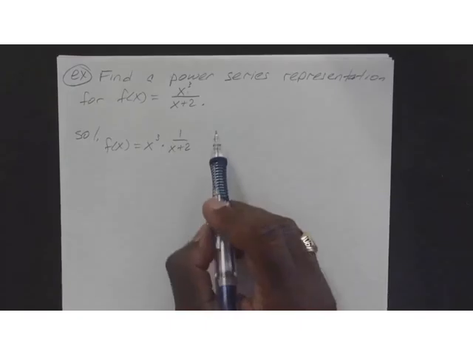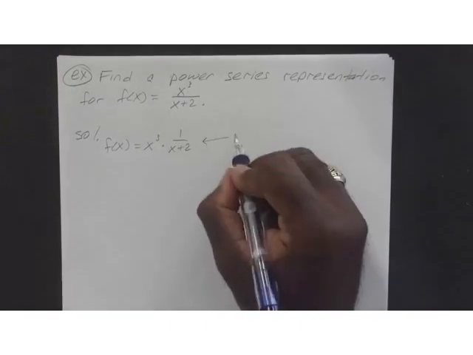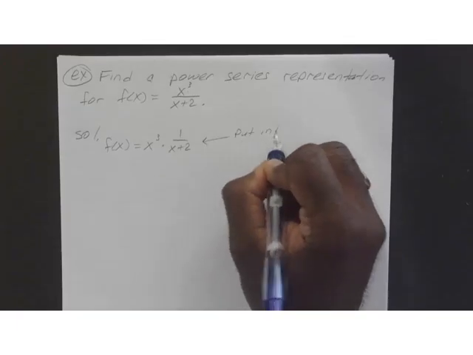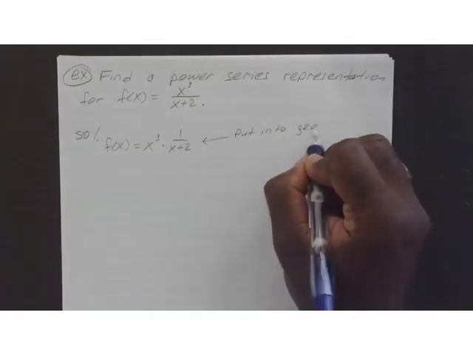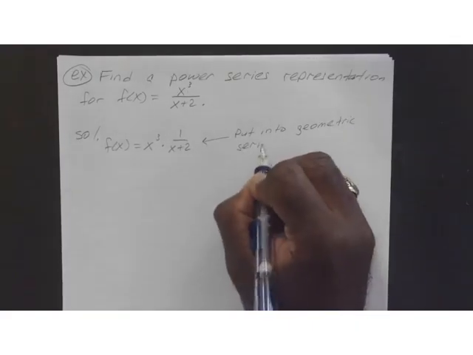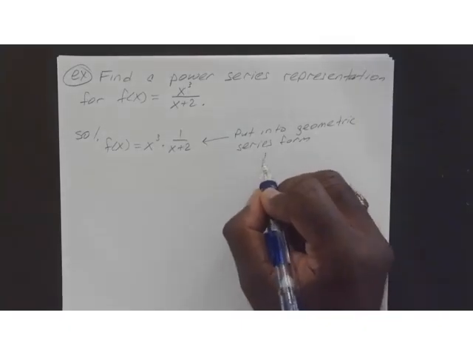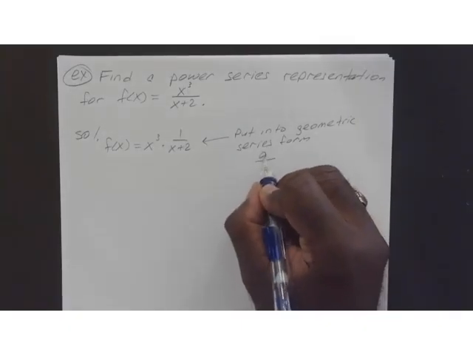The reason why is because we want to put this into geometric form, which is a over 1 minus r.